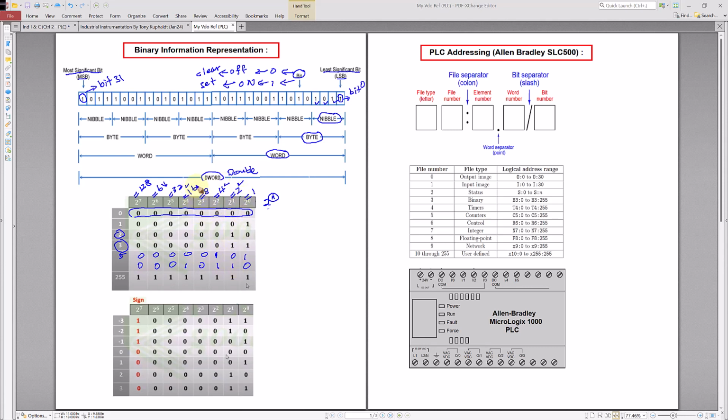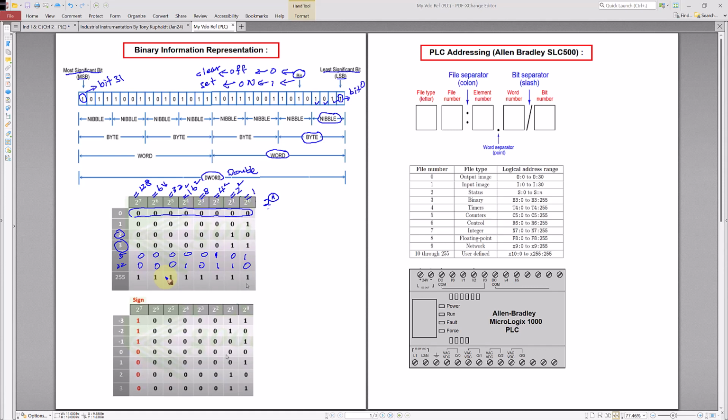So 16 plus 4 plus 2 is equal to 22, and so on. As for the group of bits 1 1 1 1 1 1 1 1, you add up all these numbers and you get the equivalent decimal value of 255.